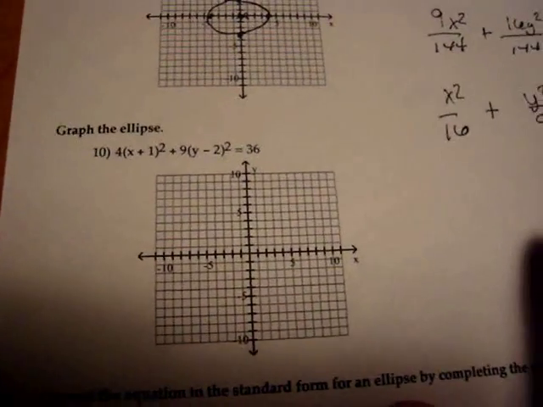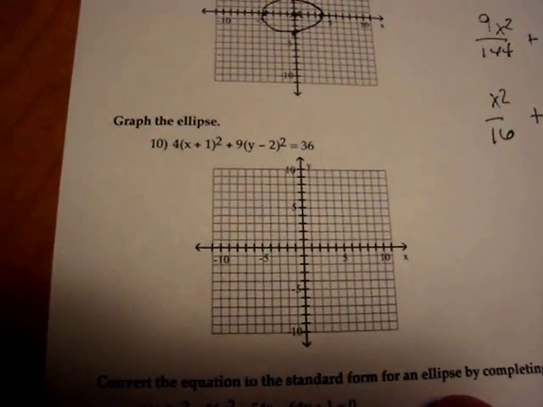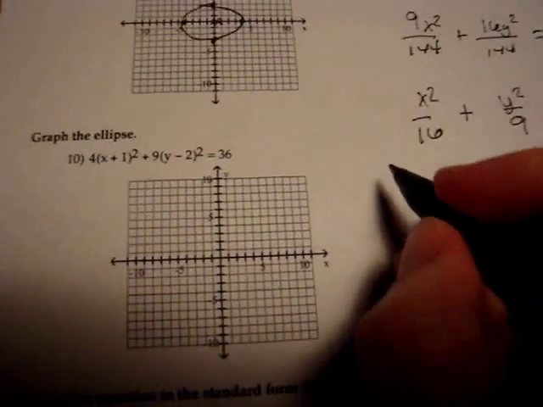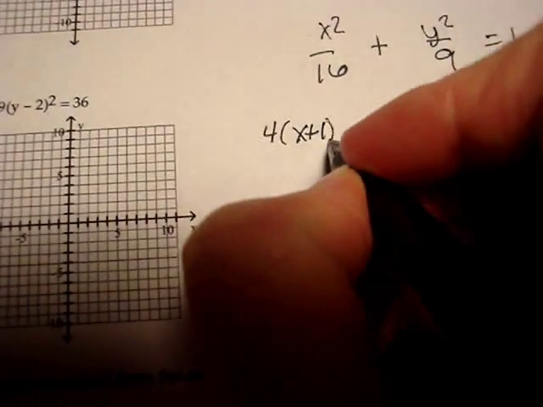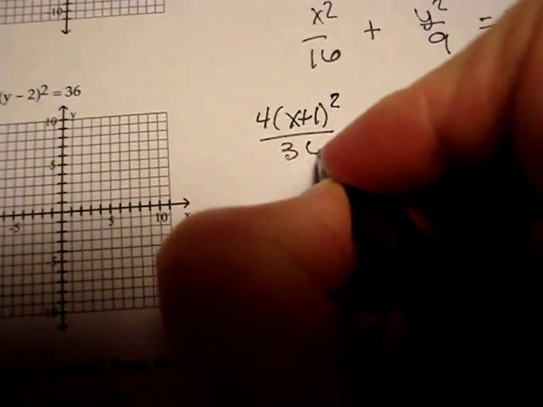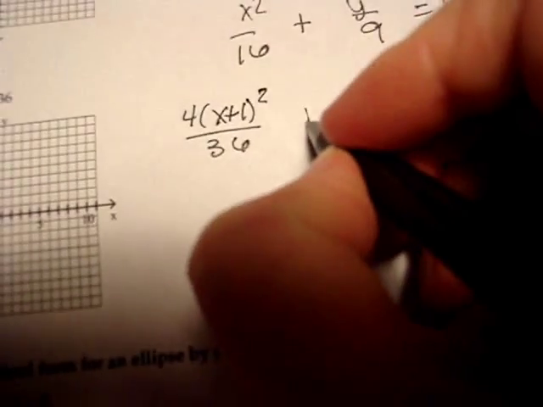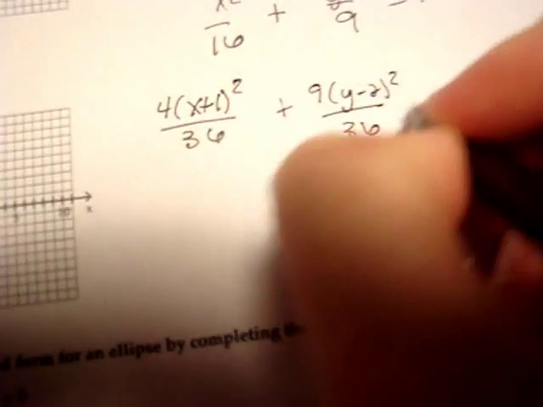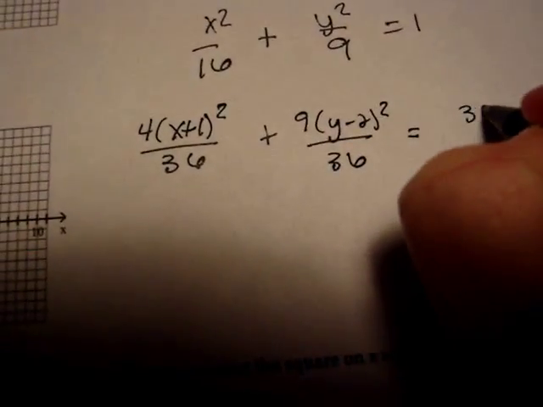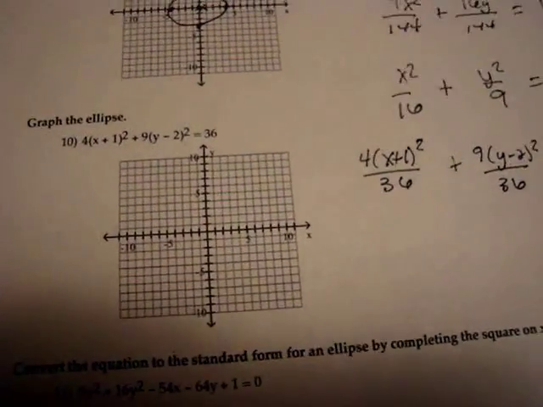So the first thing we're going to have to do is divide through by 36. So we will get 4 times (x plus 1) squared divided by 36 plus 9 times (y minus 2) squared divided by 36 equals 36 divided by 36. So now let's simplify.